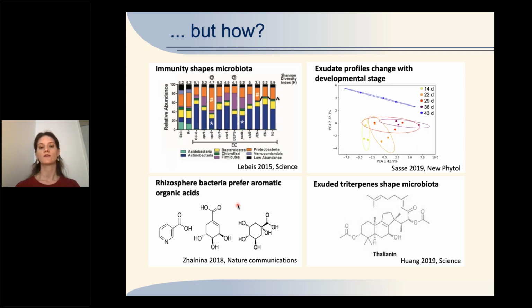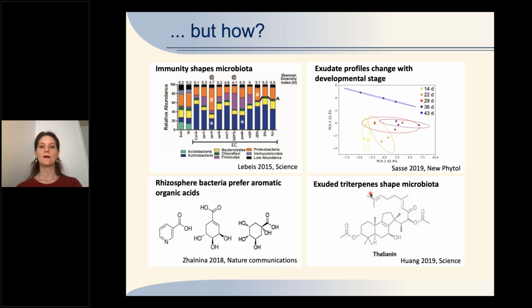The ones associated with plants can eat these aromatic organic acids, whereas the ones that are living in bulk soil can process those less well. Also, in this other publication, it was shown that mutant lines that are exuding more or less of these triterpenes have an altered microbiome compared to the wild type.